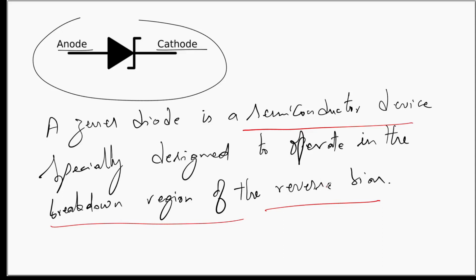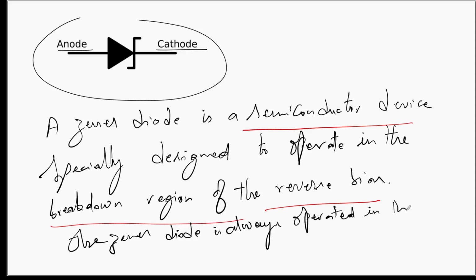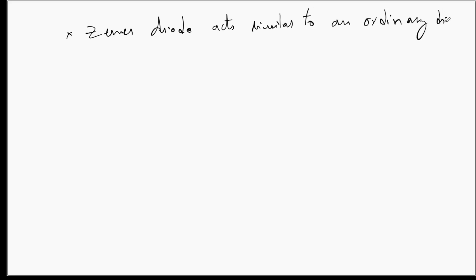The Zener diode is always operated in the reverse bias condition. It is designed to operate in the reverse biasing condition, and it works always close to the breakdown region of the reverse bias. Another interesting point is that the Zener diode acts similar to an ordinary diode in the forward bias condition.